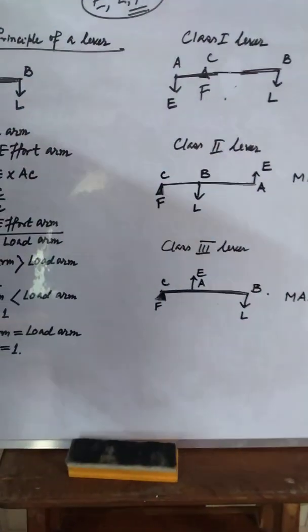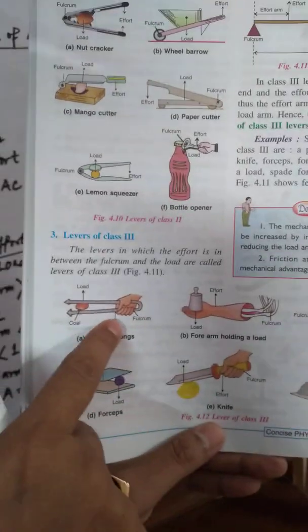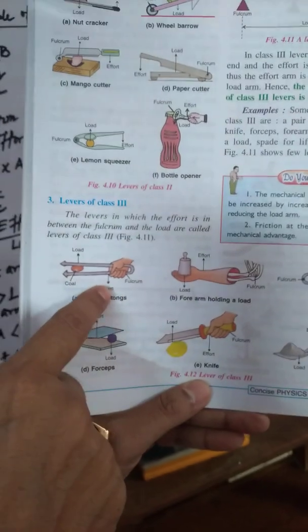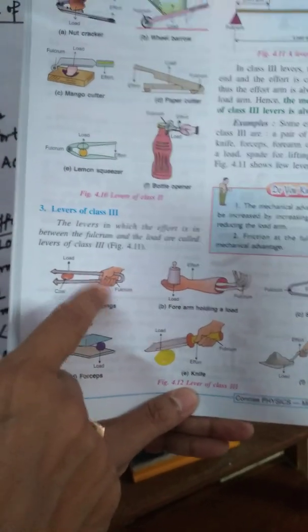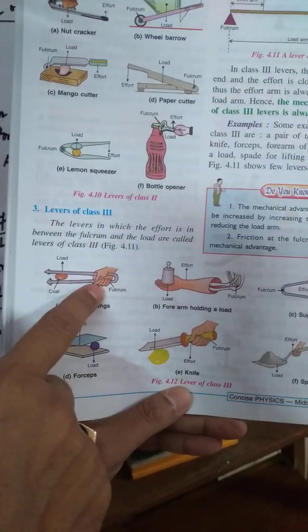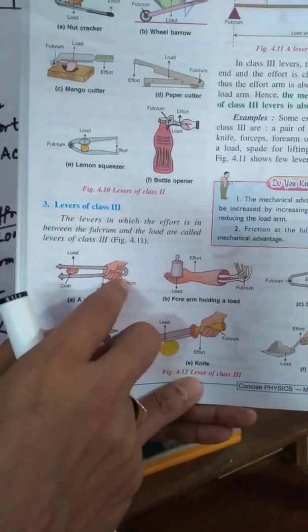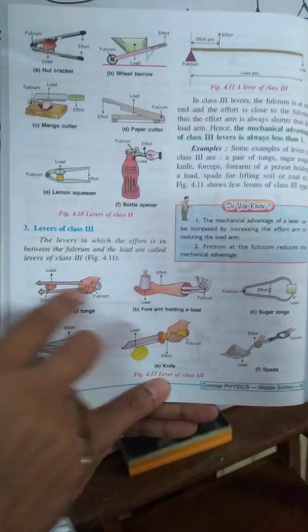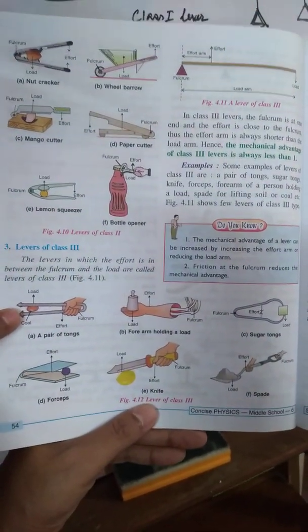And you see the examples of class 3 lever, a pair of tongs. In the pair of tongs, here is the effort we are applying, at that bending position the fulcrum is situated, and here it is the load.